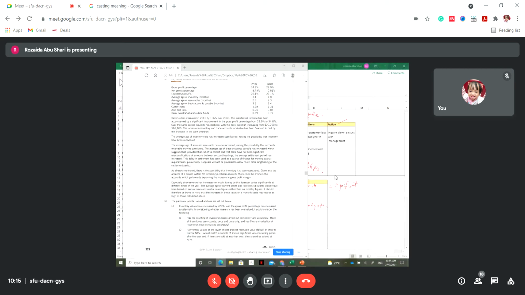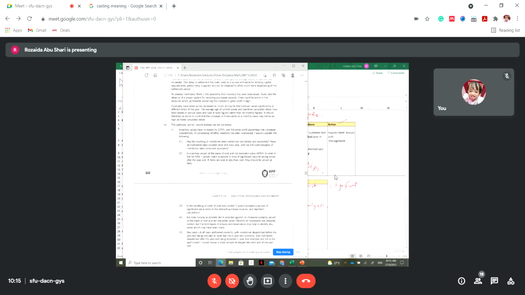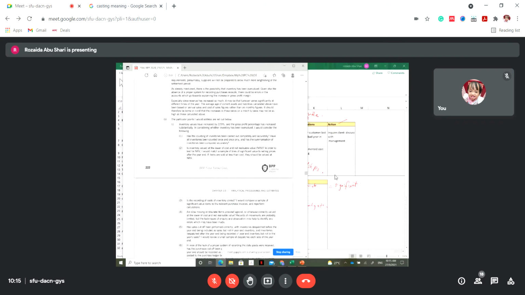Okay. Look at point B. When you have an increase in inventory, I just highlight the part that is always asked in the question: inventory, sales, account receivable, gross profit margin, and also gearing ratio.